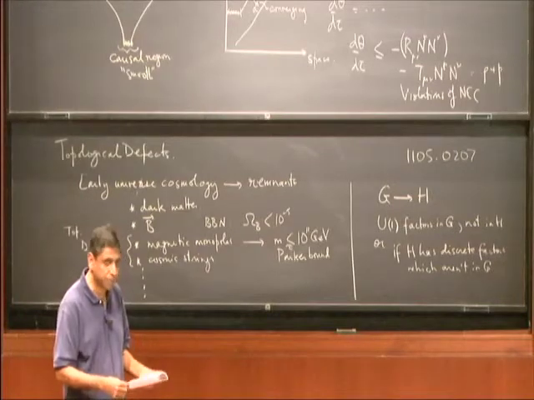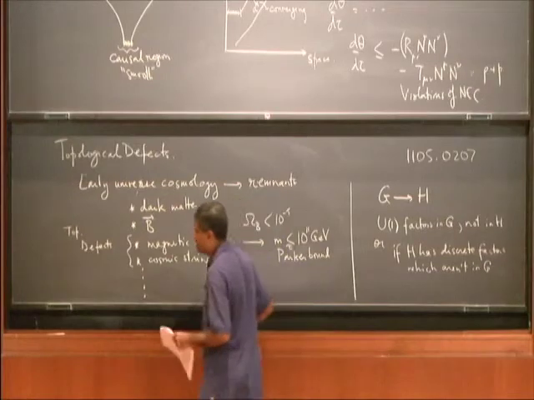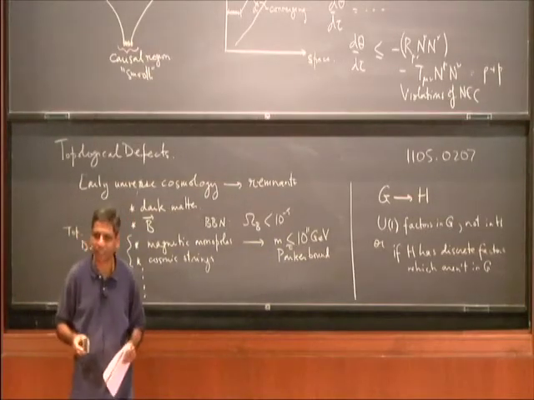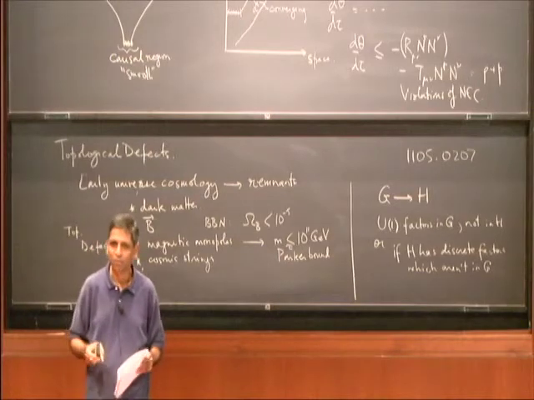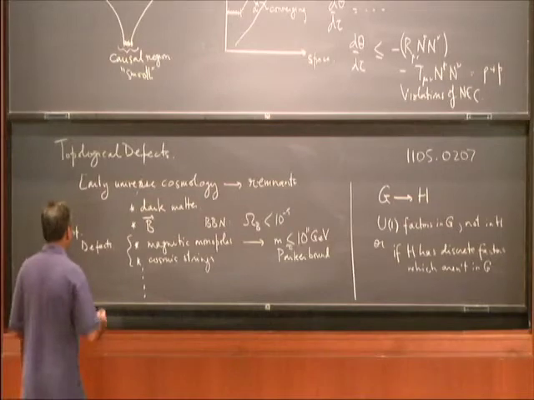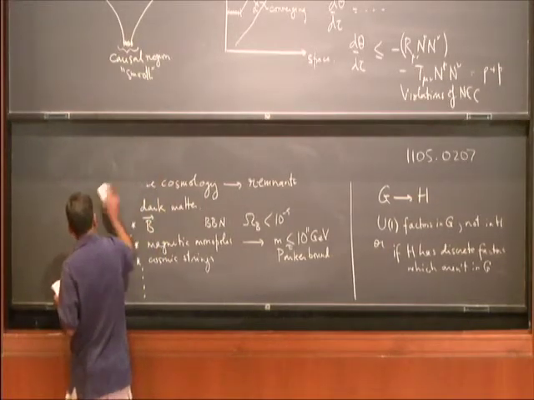Okay, now such strings also arise in string theory, and we have lots of string theorists here at the IAS. I am not an expert in the area, but let me tell you what those strings look like.